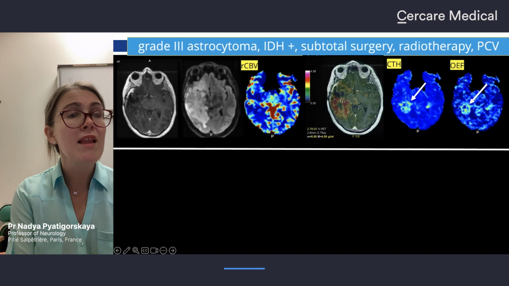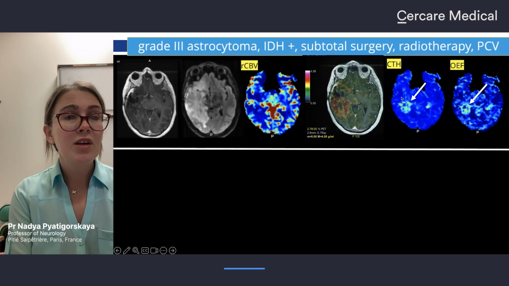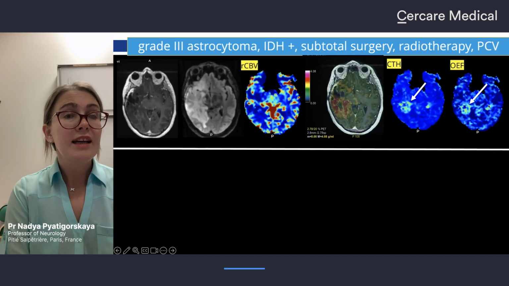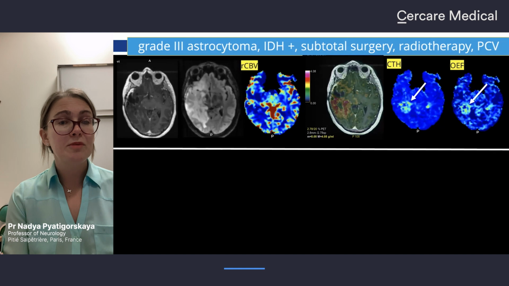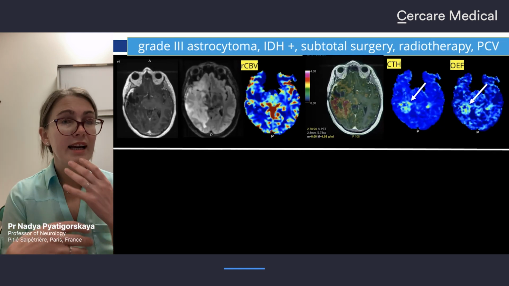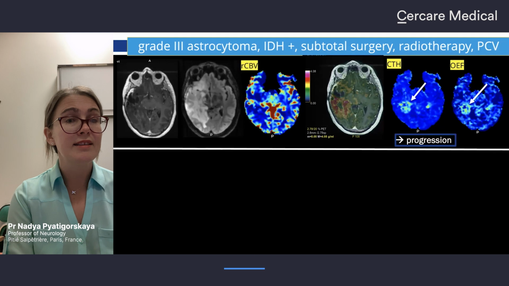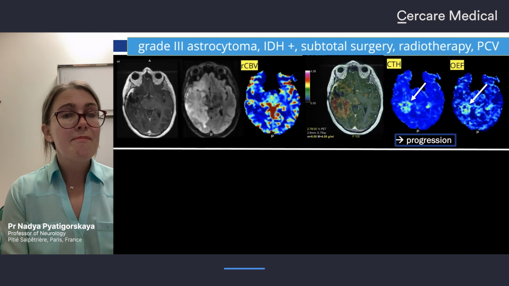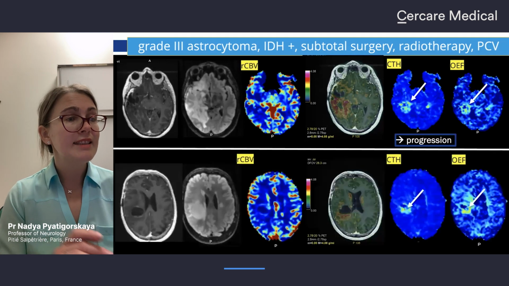We don't know. The PET was intermediate, but actually when we look on CTH and OEF, we see that there is this really suspicious zone where there is an increase of both of the markers, and actually it corresponded indeed to a progression.